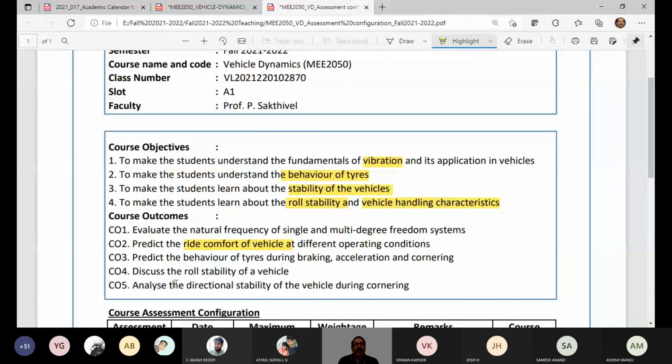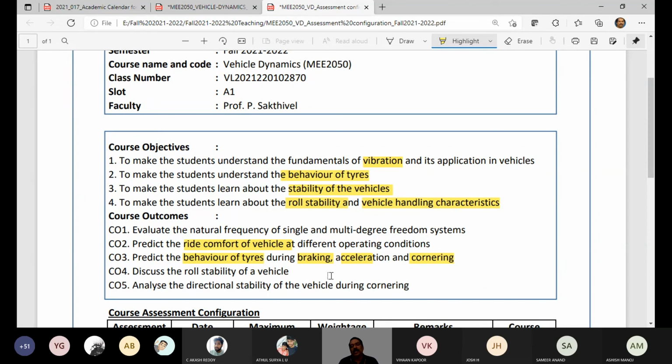And another third outcome is understanding performance, how good your vehicle is, because you would understand and apply tire behaviors, and predict tire behaviors during braking, acceleration and cornering. So this is another outcome.